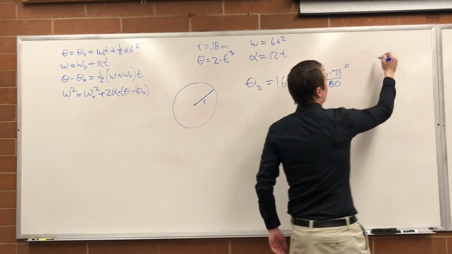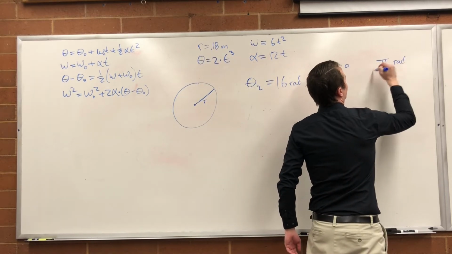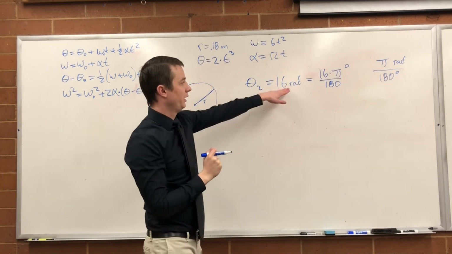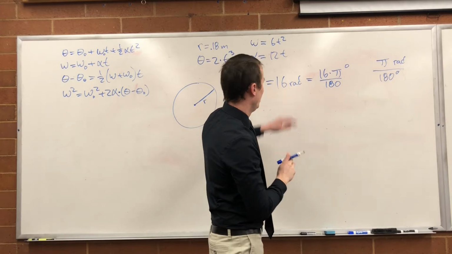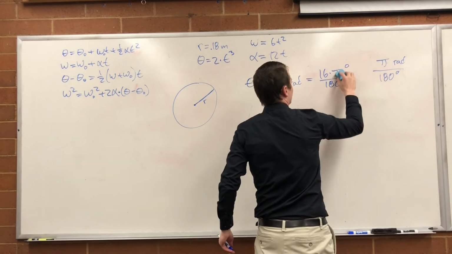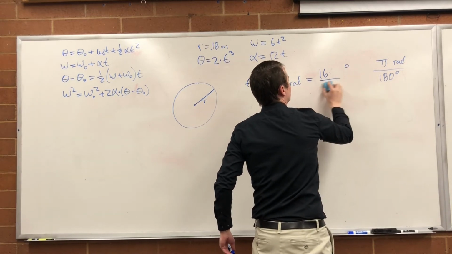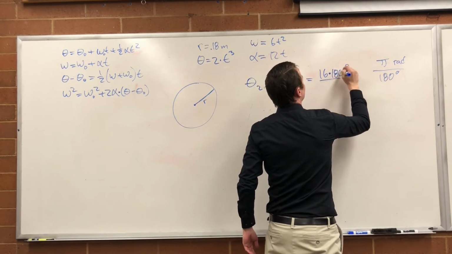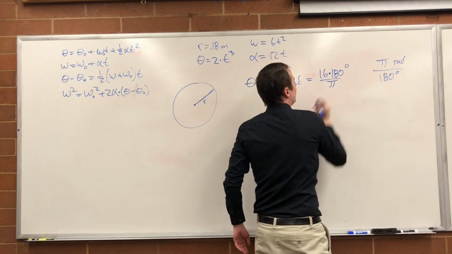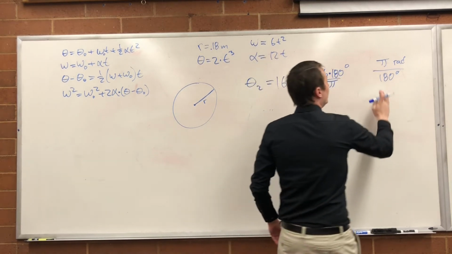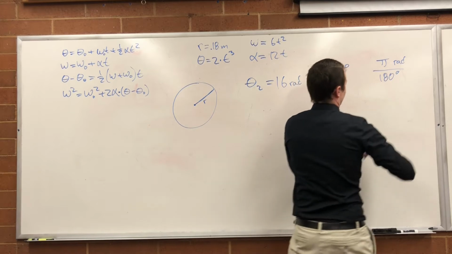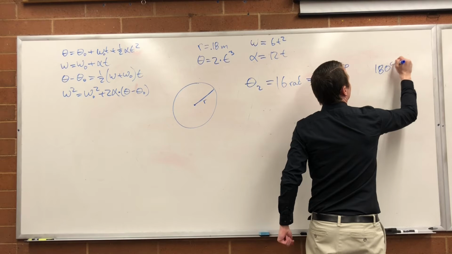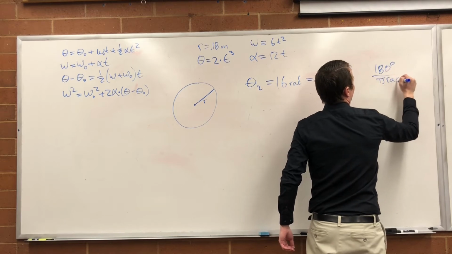Because notice pi radians over 180 degrees is equal to 1, right? So multiply this by 1. Oh, oops, I did that upside down, huh? Sorry. It should be 16 times 180 over pi. Numbers should get bigger, not smaller. And what I have here written is true, but this is also true. 180 degrees over pi radians is 1, right?